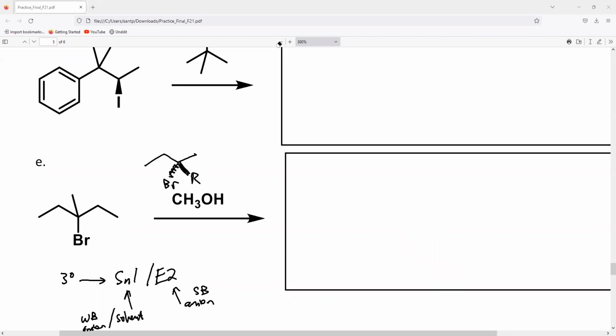So I'm forcing it to be chiral, right? What's going to happen, right? I'm going to have two answers here. I'm going to have one answer where the methanol replaces exactly the same. Oops, that should just be R. And then one where it inverts.